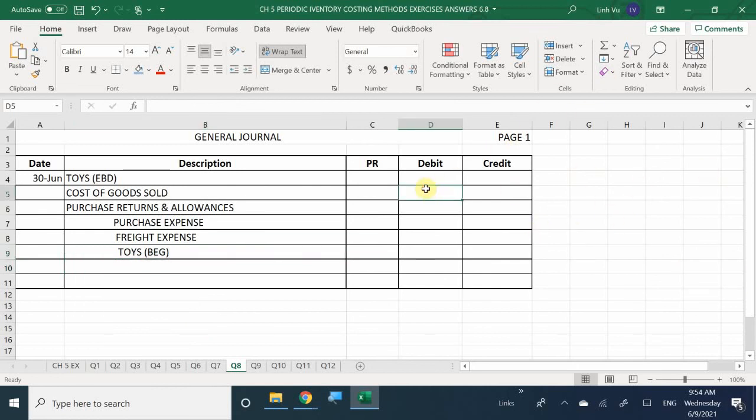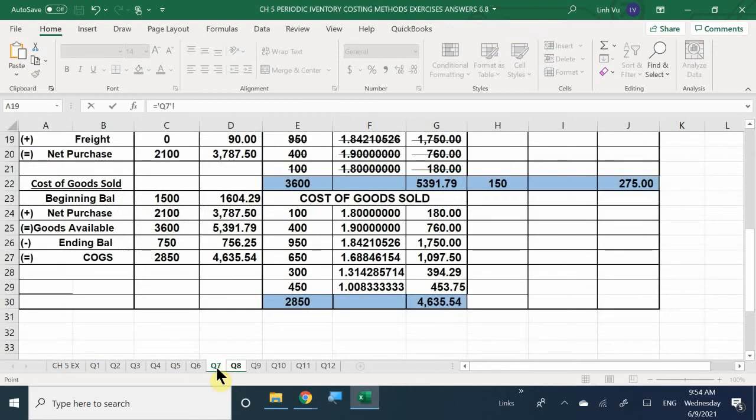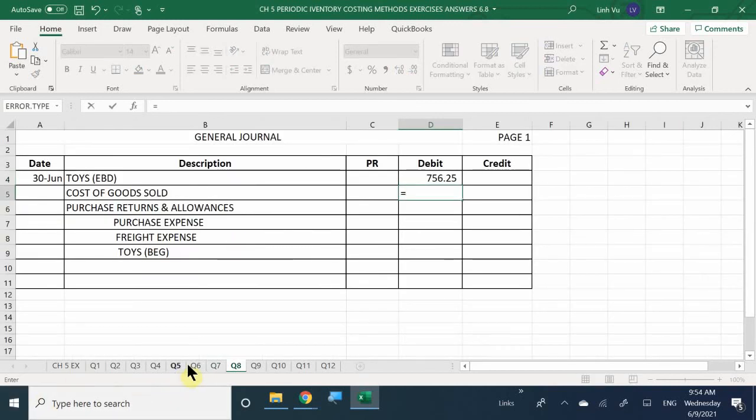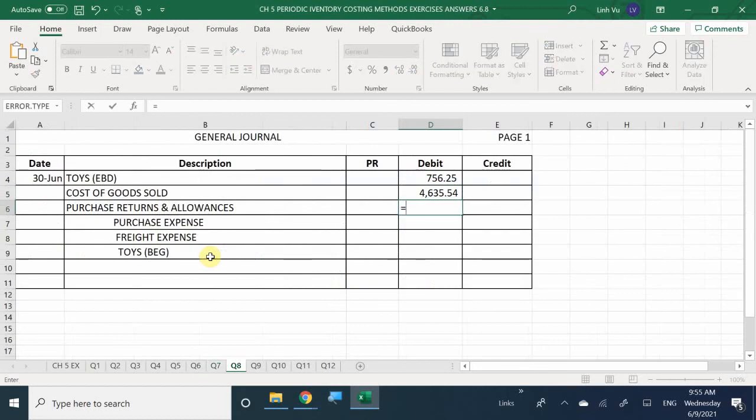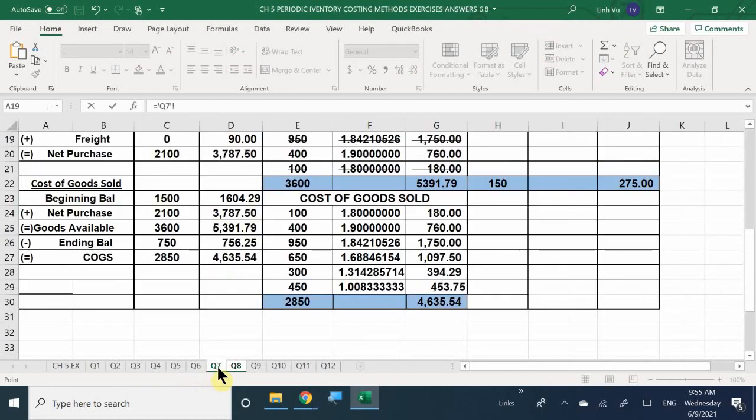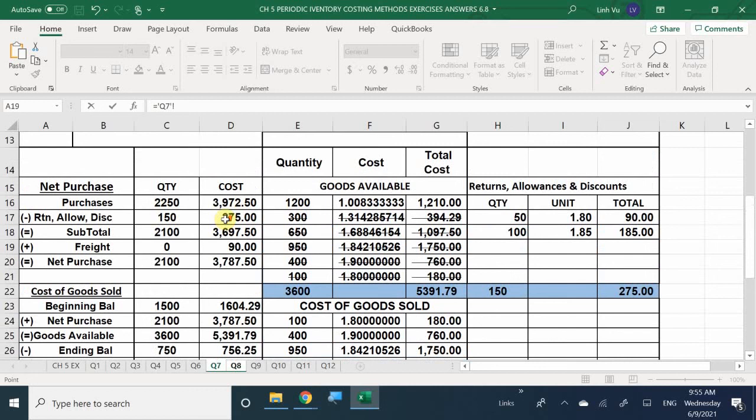So what was the total cost of my ending inventory? $756.25. What was the total cost of my cost of goods sold? $4,635.54. What was my total purchase returns and allowances? $275.